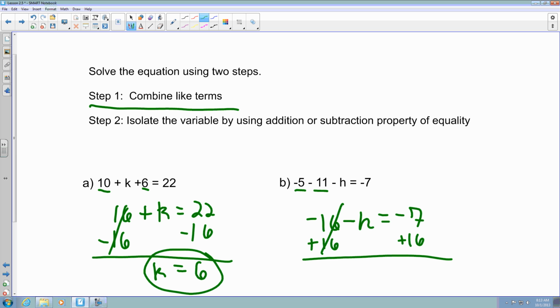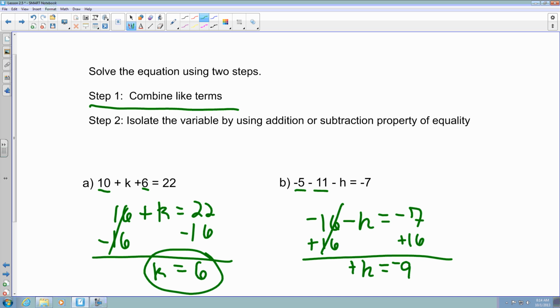That cancels, so I have negative h equals a positive 9. But I want a positive h, so I'm going to change the sign on both sides. So my h actually equals negative 9.